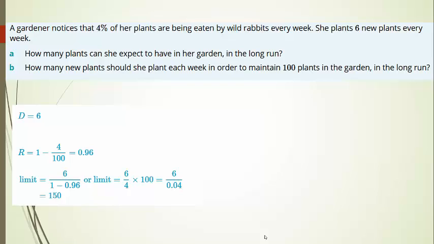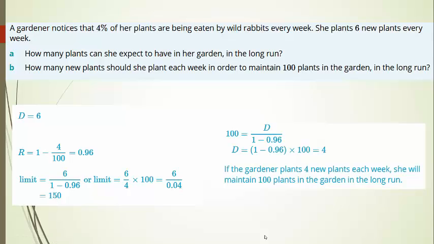And the other stuff there is the other formula giving us the same result. So she will, in the circumstance described in part A, finish up with a regular number of plants, 150. But supposing she only wants 100 plants in the garden, well, we can work that out as well by plugging what we know into the formula.